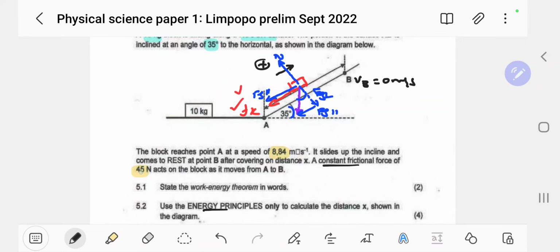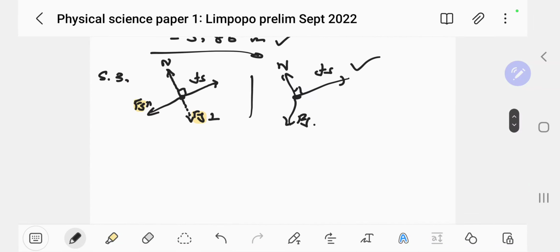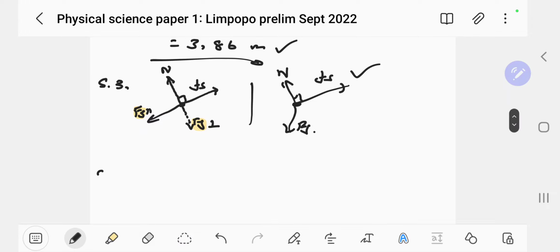Kinetic friction was smaller because it allowed motion, but static friction is a bit bigger than that. Now let's see. What is this question trying to establish? Look, if we resolve this into 2 forces acting in the horizontal plane, when this body stops, we have our static friction and we have our Fg parallel.